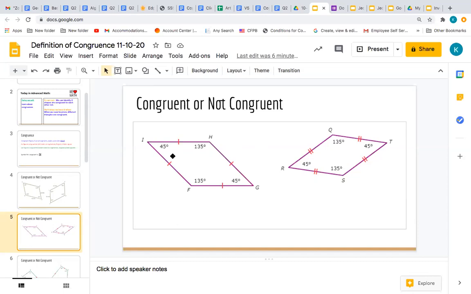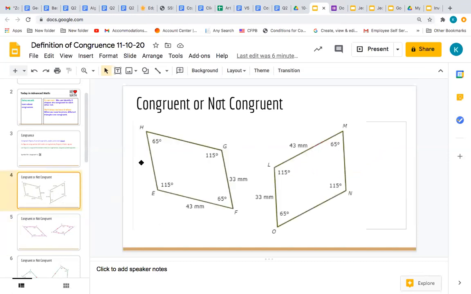So basically, the angles are congruent to each other. On the first figure, you looked at it, the angles are congruent. One of those sides, those two sides are congruent, and these two sides are congruent. Because of these angles, if you look at it, 115 plus 65 is 180, so these two lines are parallel.